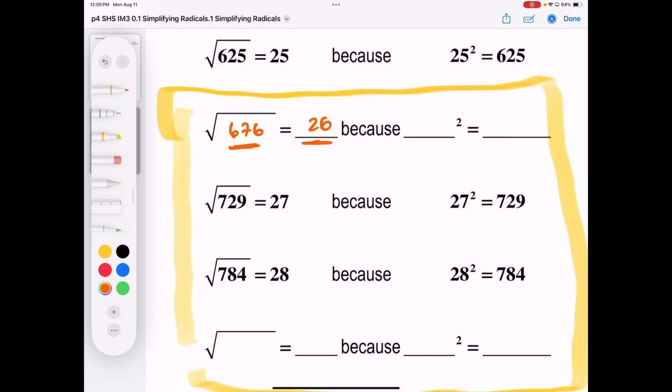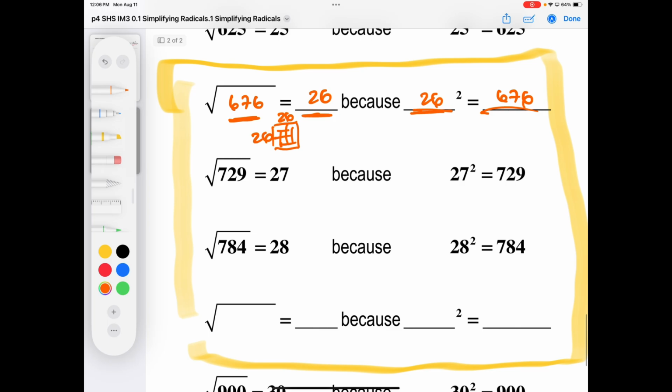So 676 is a perfect square, right? Because if you draw all the little pieces of chocolate, there's 676 pieces in there, and then the sides are both 26. And what goes here? And then what goes there? 676. Okay, orange chairs down here.